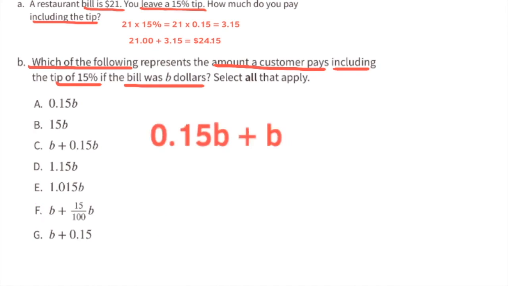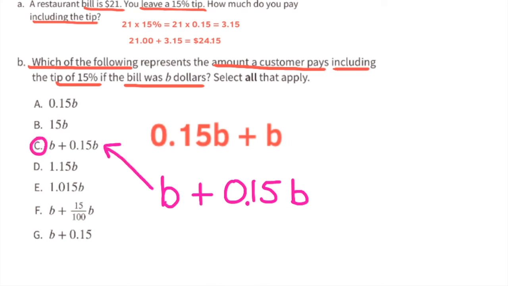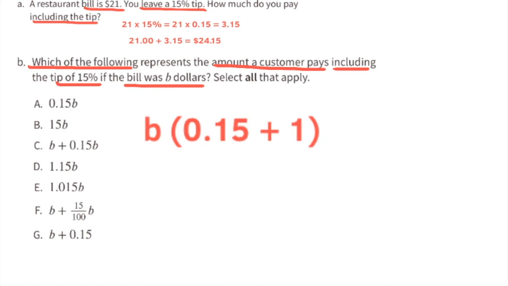Let's go back to the 15/100ths written as a decimal. We have 0.15 B plus B. Again, we can rewrite the order, and we have B plus 15/100ths times B, or B plus 0.15 B. That's a match with C. This represents B times 0.15 plus B times 1.